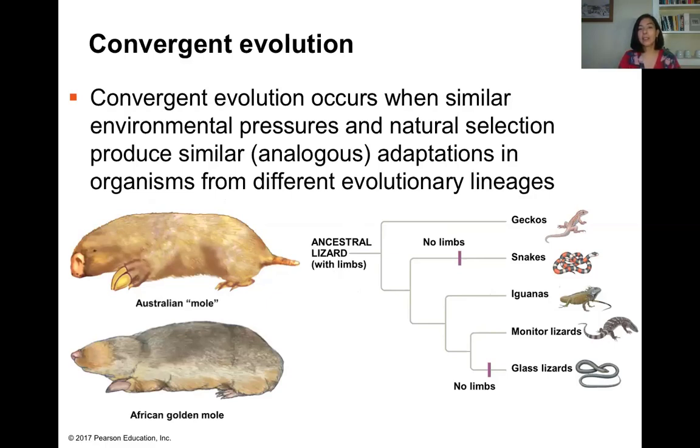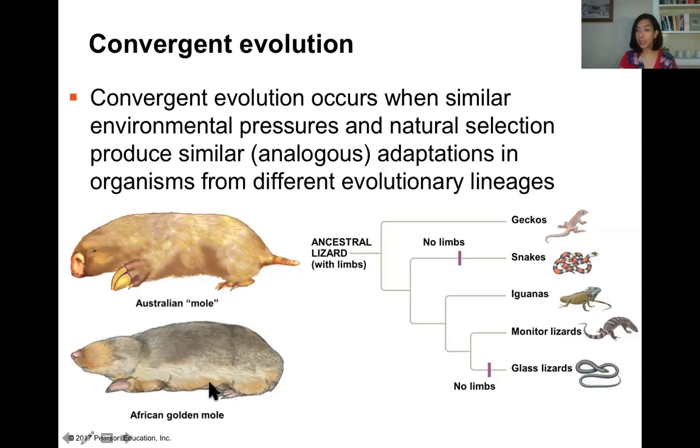For example, the Australian mole and the African golden mole developed adaptations in similar environmental conditions. These two species are distantly related.